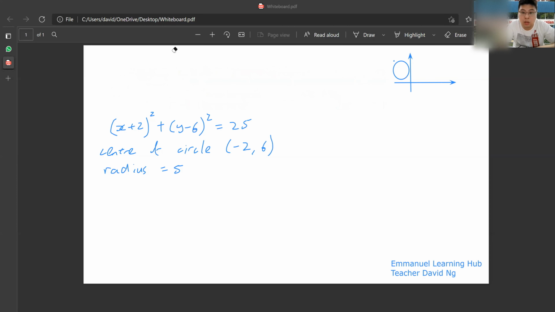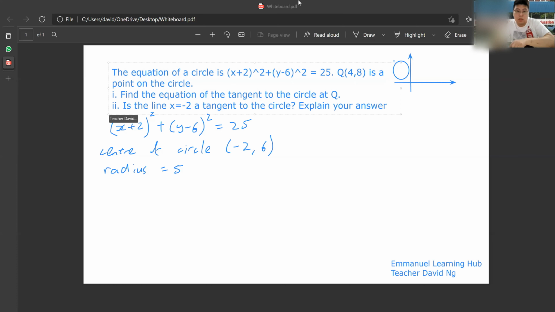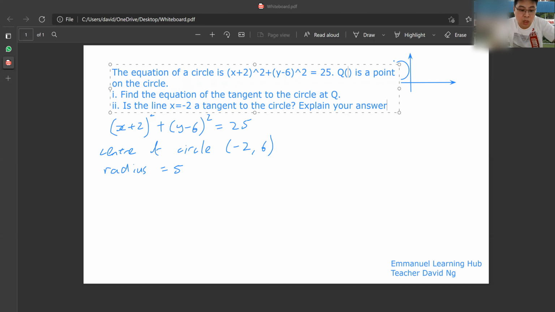Oops. Minus 2, 4 is a point on the circle, let's say. Find the equation of the tangent to the circle at Q.